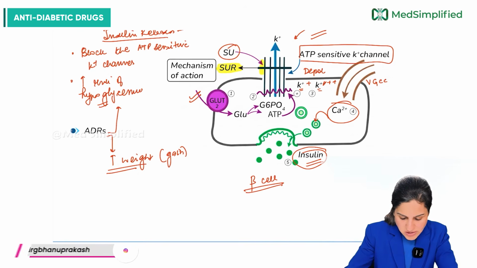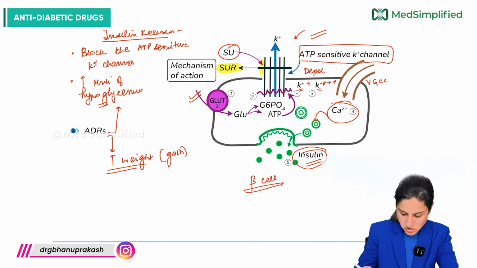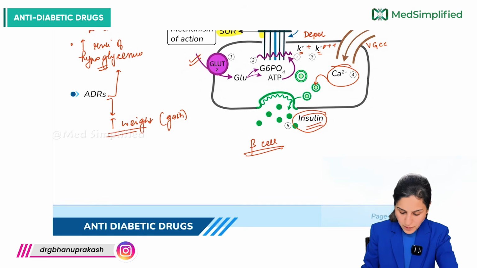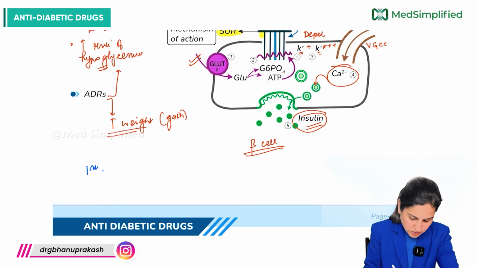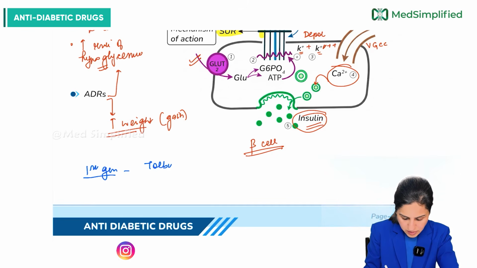Now, just one line about the first generation drugs, which are no longer used now. The first generation sulfonylureas were tolbutamide and chlorpropamide.